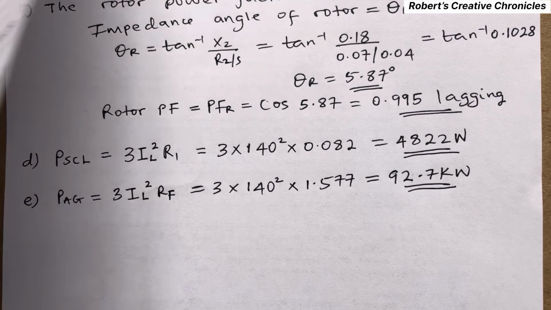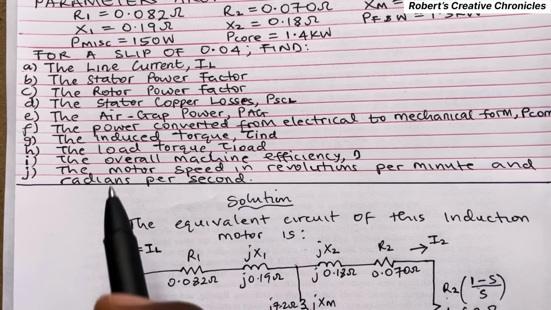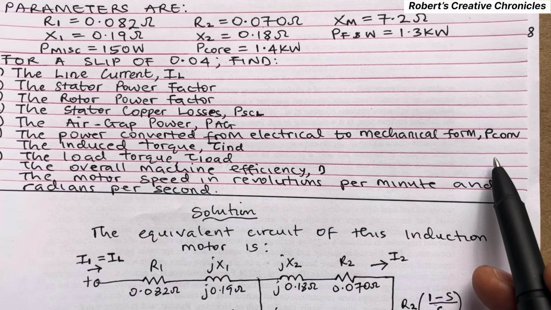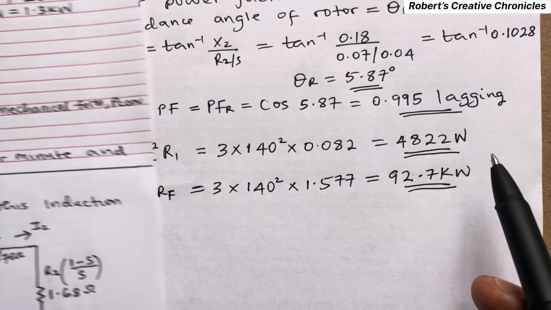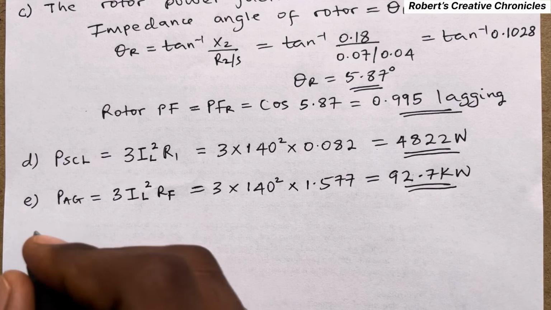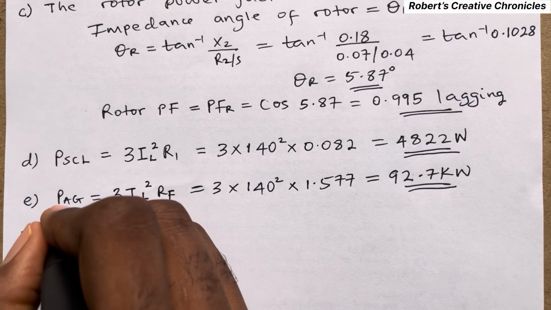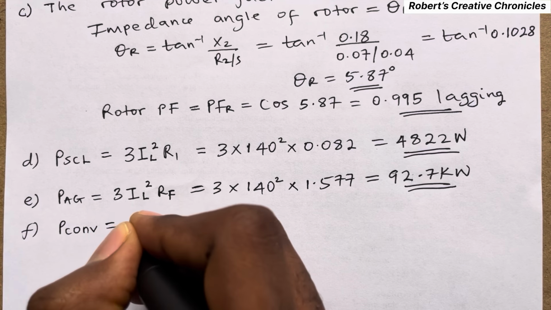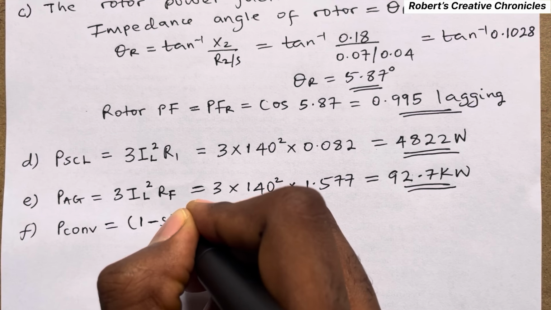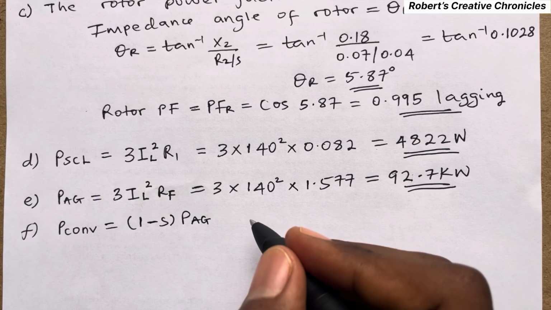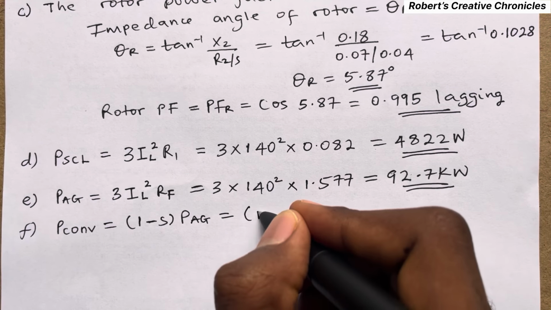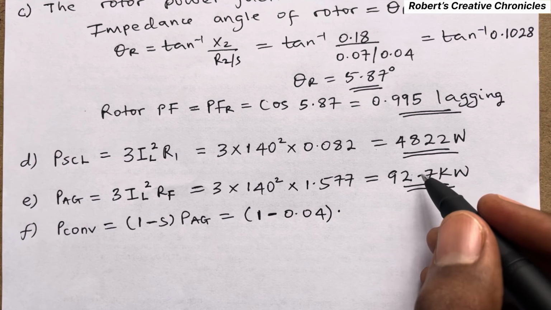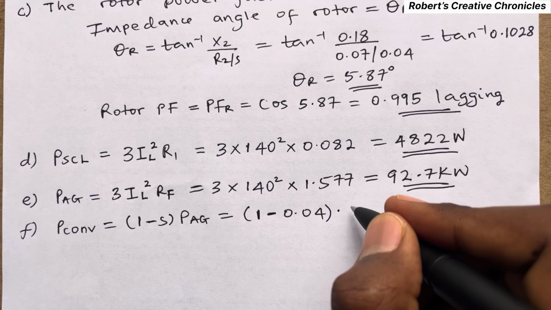Then the power converted from electrical to mechanical form, that is P converted, and the formula is expressed as 1 minus S, then times the air gap power. This is equal to 1 minus the slip, which is 0.04, times the air gap power, which is 92.7 kilowatts.